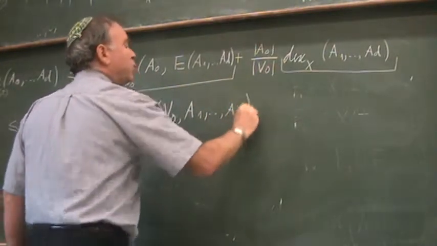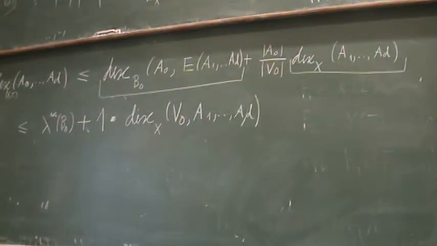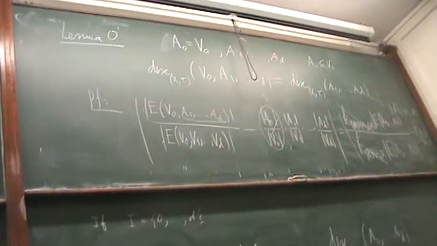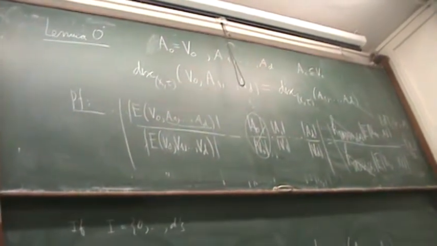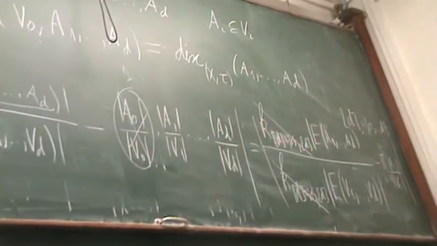You remember? That's what we did before the break. The discrepancy of X1 up to XD is the discrepancy of B0, A1 up to AD. Okay, are you with me?